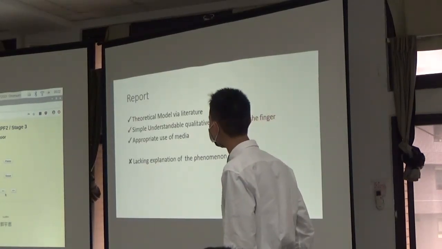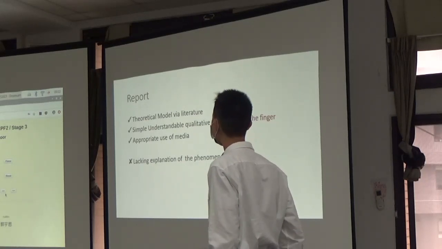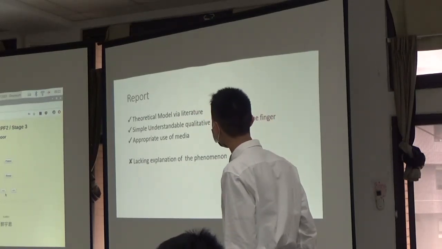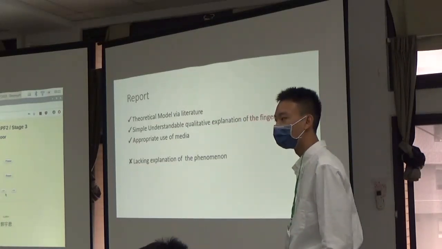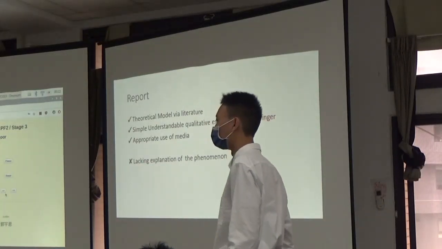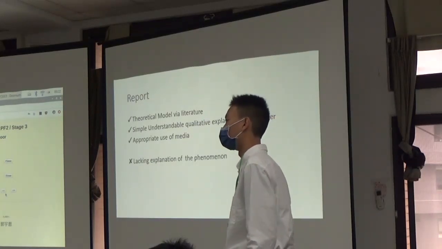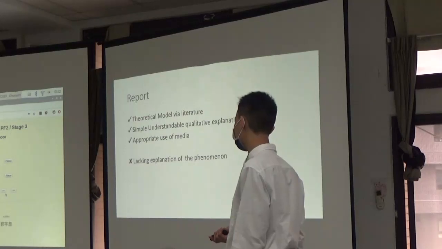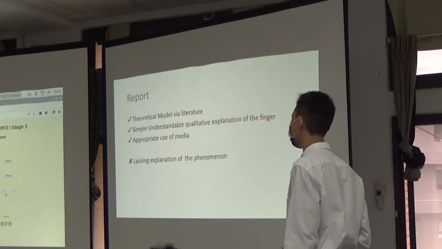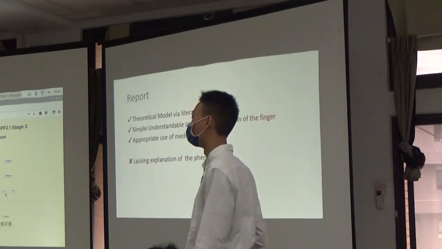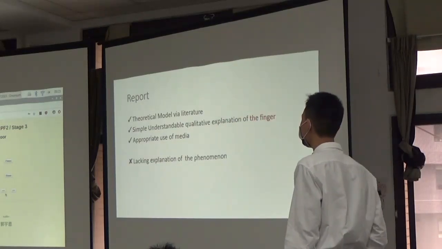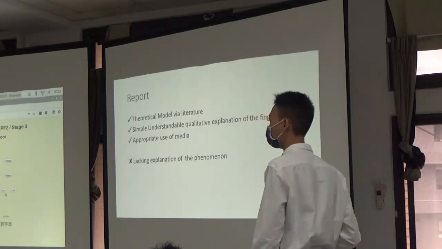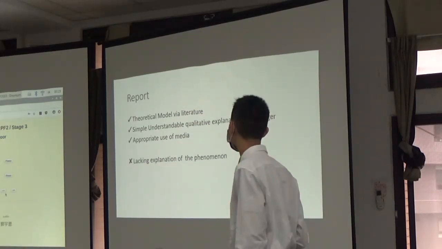For the report, they have a theoretical model via literature, and a simple understandable quantitative explanation of the finger. They have appropriate use of media. They not only show us pictures of the finger, but also a video of how their experiment was actually done, so I can understand more about their experiment device. However, I think they lack explanation of the phenomenon, which will be discussed later.